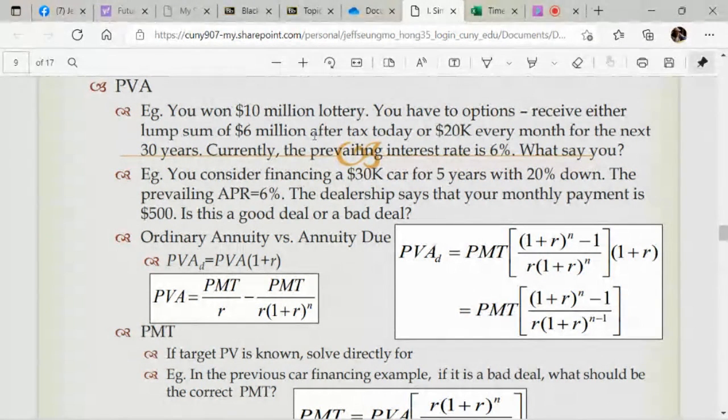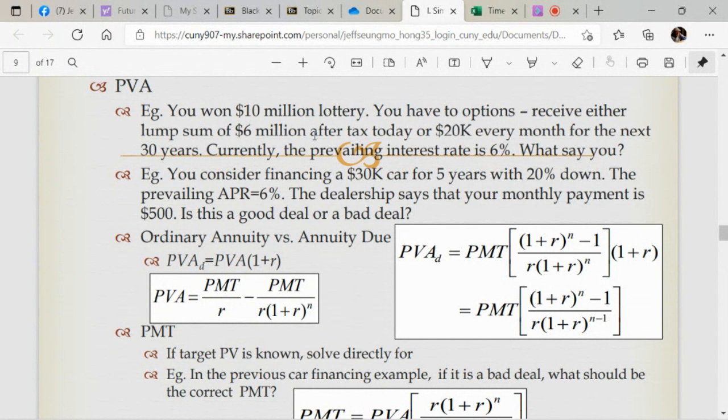So here's the thing. Lottery is not something that happens every day, right? So it's not a realistic example.